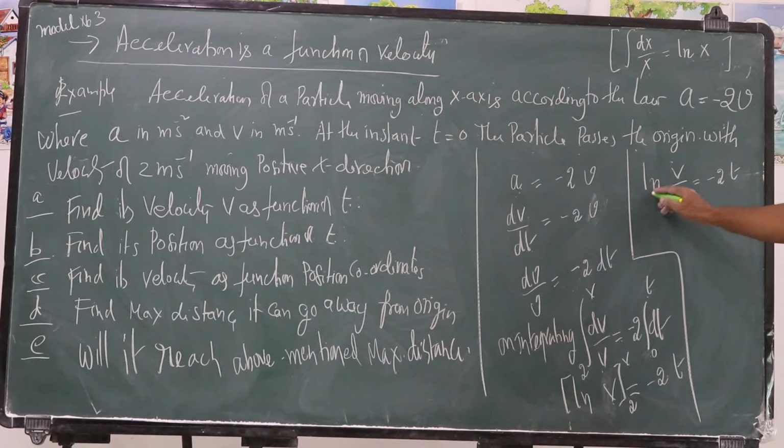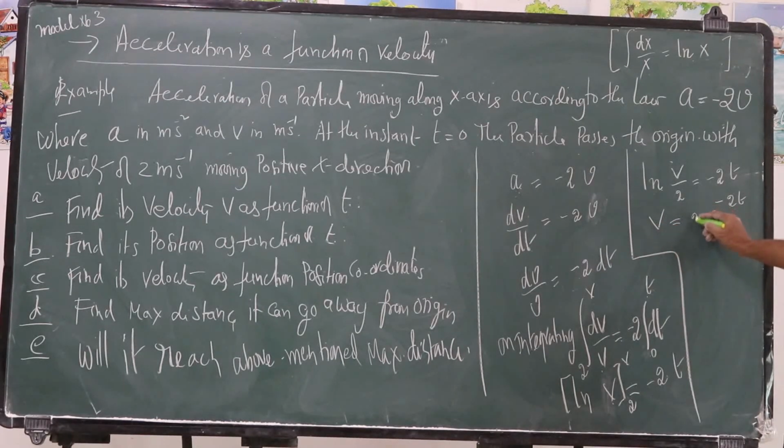When you are removing this logarithm, you get exponential: e to the power minus 2t is equal to v by 2. I want v, so v is equal to 2 e to the power minus 2t.